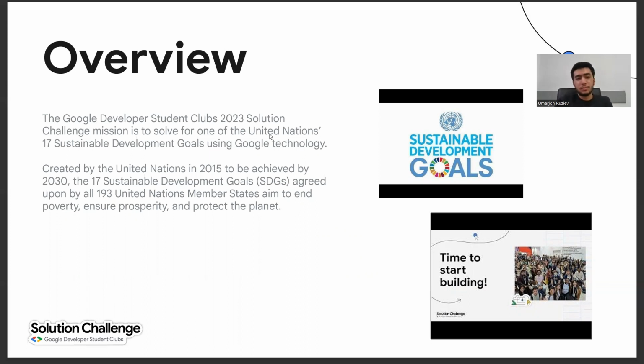These goals were created by the United Nations in 2015 to be achieved by 2030. And all these goals are agreed by all 193 United Nations member states, aiming to end poverty, ensure prosperity, and protect the planet.